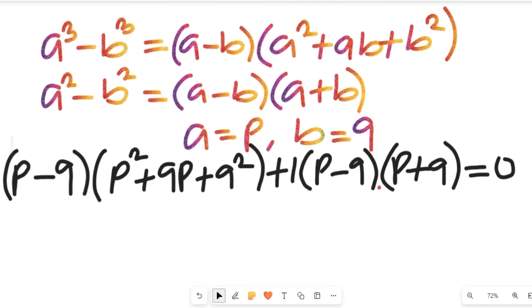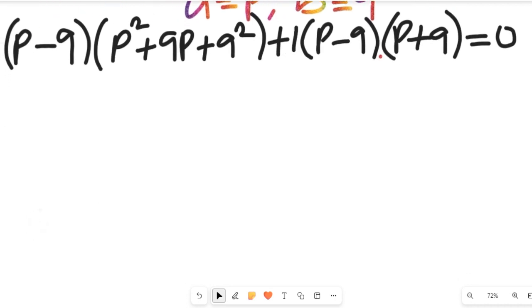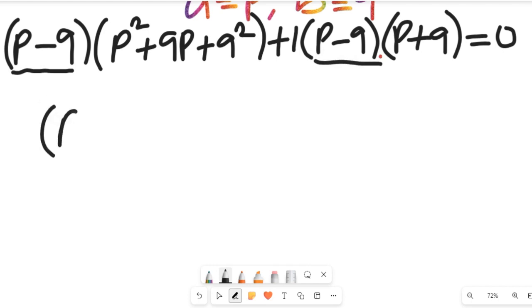Great. So, having simplified that, we are going to now simplify this whole expression. To simplify this whole expression, you come to see that we have p minus 9 to be common. So we're going to come out with p minus 9.